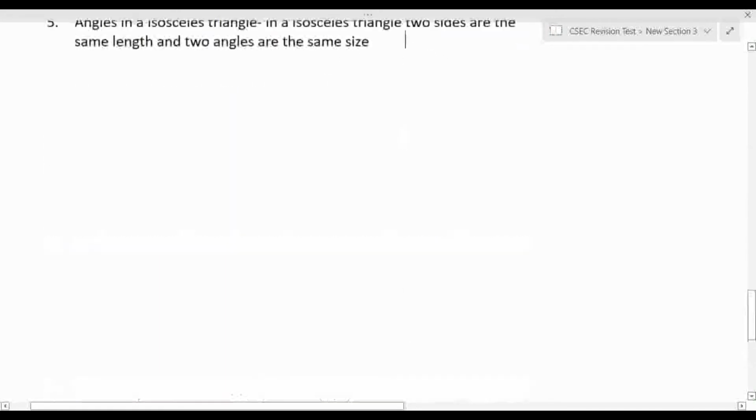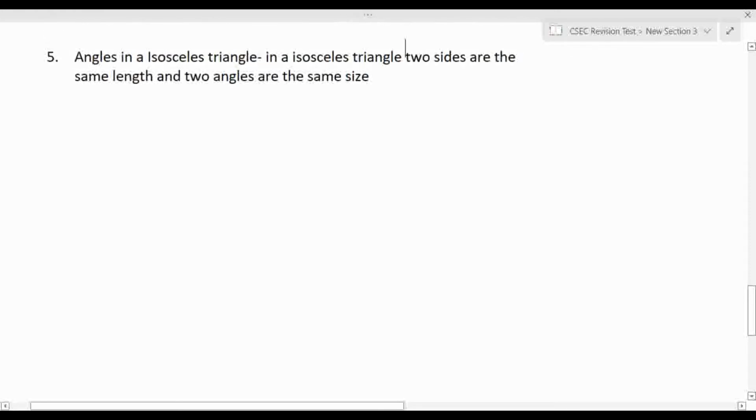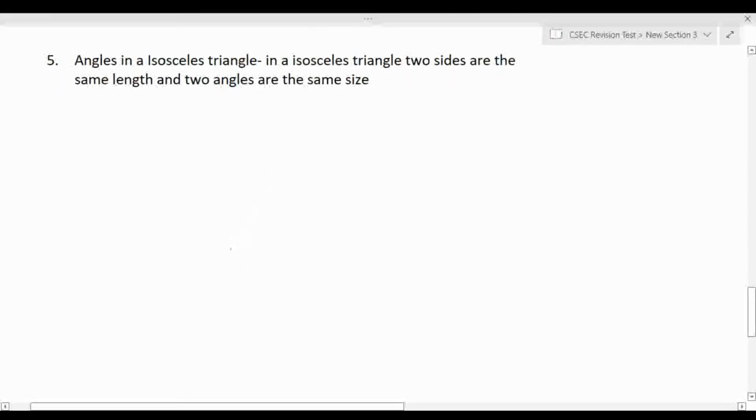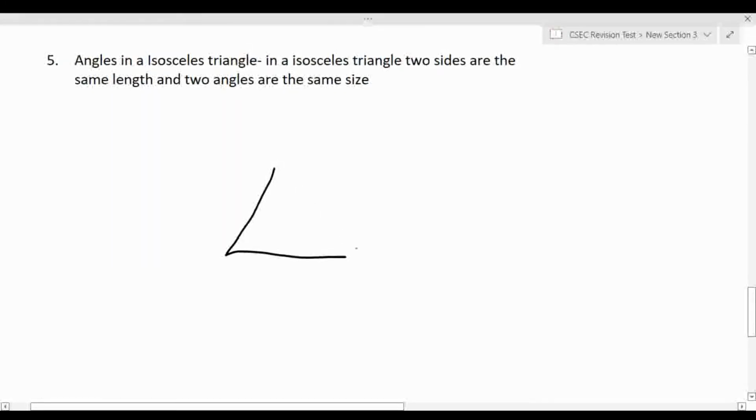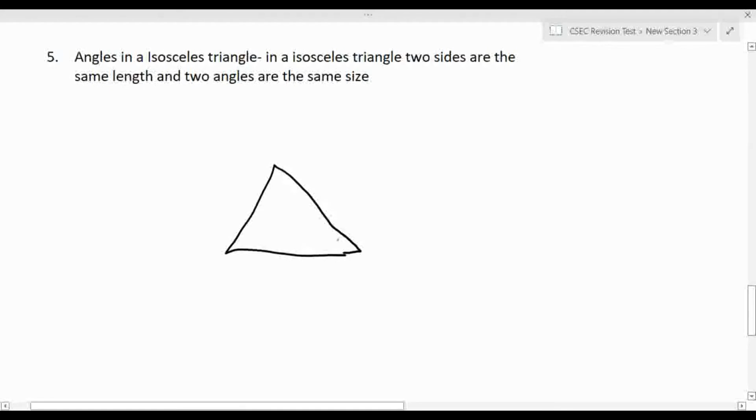Alright, in our fifth property, we have angles in an isosceles triangle. In an isosceles triangle, two sides are the same length and two angles are the same size. So these sides are the same length. We add an angle at this section that is 80.